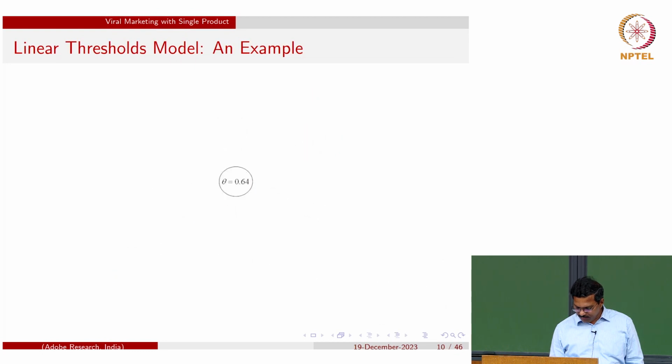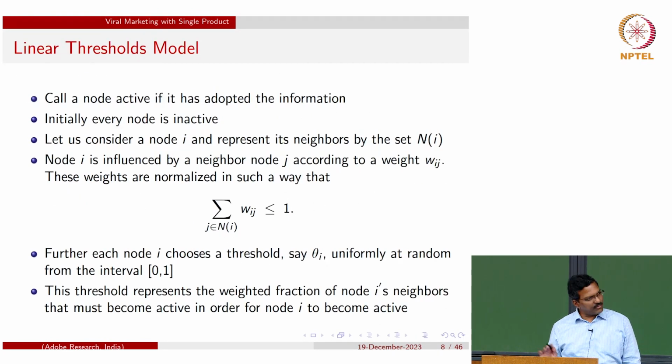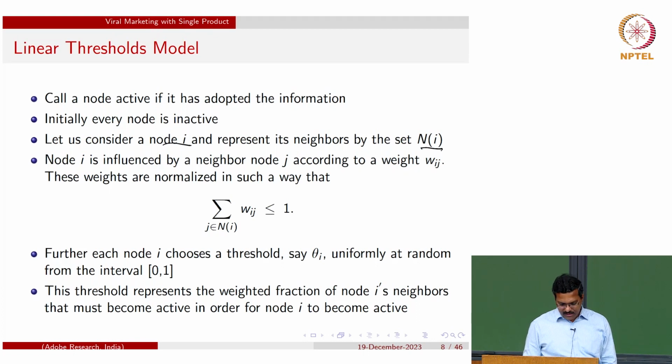So more formally, these two slides I'm capturing. If you understand that, this is simple mathematics. For every node I, represent its set of neighbors as Ni. Node I is influenced by its neighbor J according to weight Wij. The sum of weights of all those Wij's is less than or equal to 1.